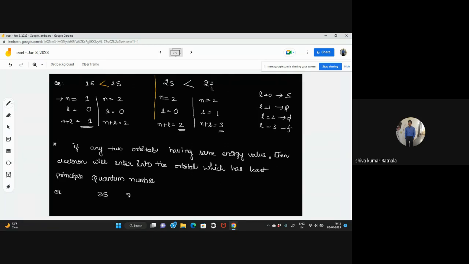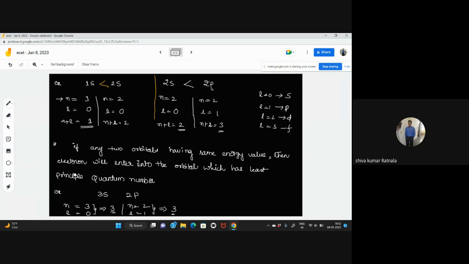For example, 3s and 2p if I'm taking. So what is the n plus L value? The n value for 3s is 3 and L is 0, so the resultant n plus L is 3. And in case of 2p, n equals 2 and L equals 1, so the resultant n plus L value equals 3. Okay, so both have the same n plus L value, right?